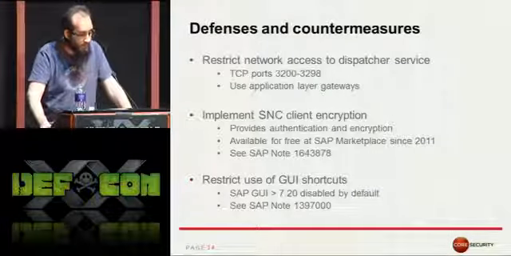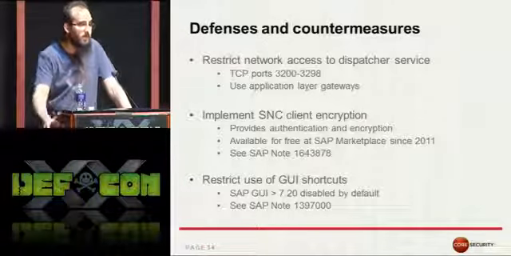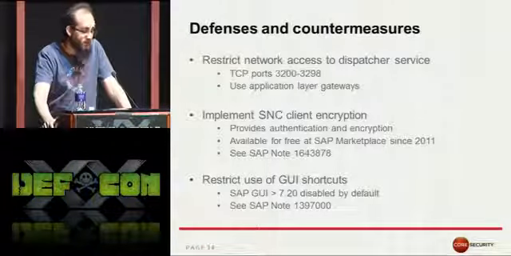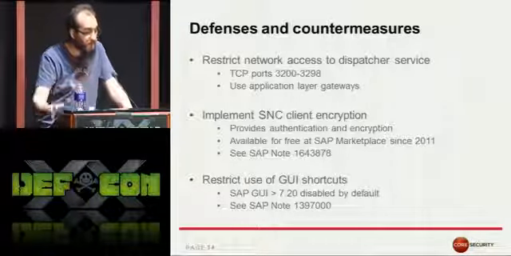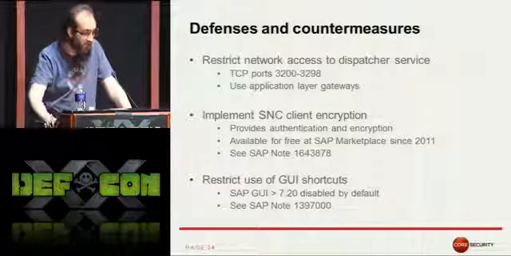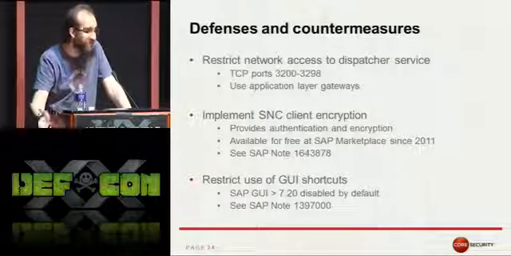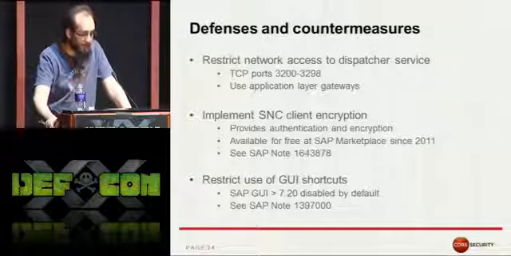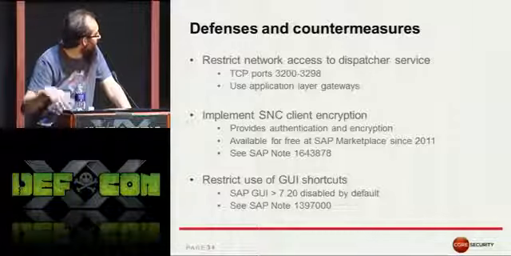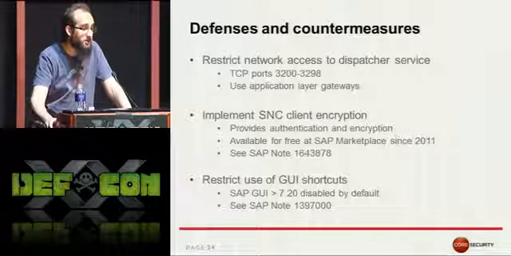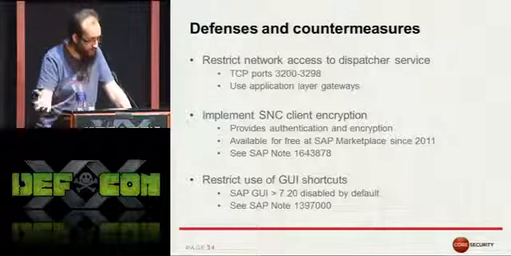You can use application level gateways such as the SAP router to perform this kind of segmentation. Another, and the most important, recommendation is to implement encryption on all clients. The SNC component provides both authentication and encryption. It's available for free to, I think, all SAP customers.